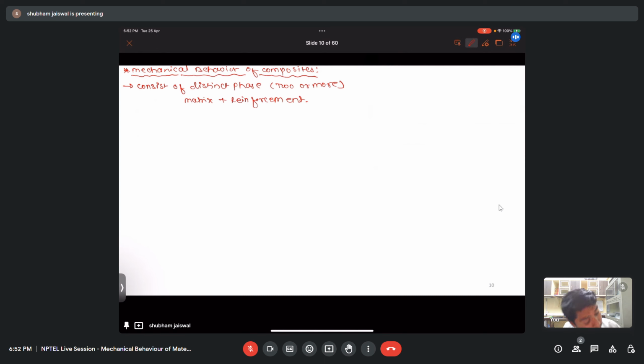Why do we make a composite? That is to increase the elastic modulus. The elastic modulus should change significantly after the addition of the reinforcement.